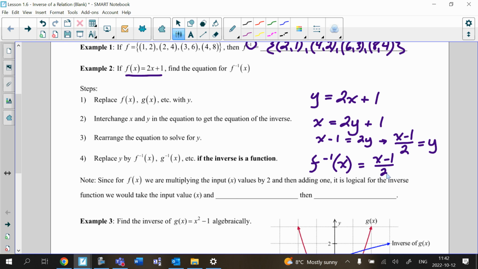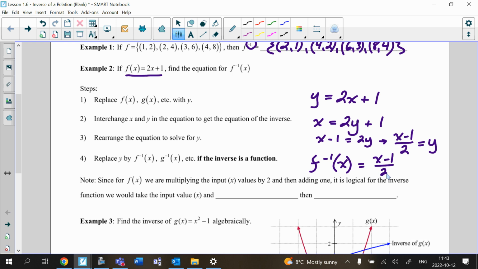Okay. And so inverse, think of it as like undoing, reversing things. So in the first one, we took every x value, multiplied it by 2 and then added 1 to get the y. Well, the inverse would be start with the y, take away 1, and then divide by 2. That's the very definition of inverse.